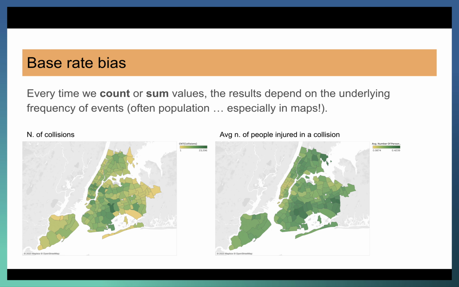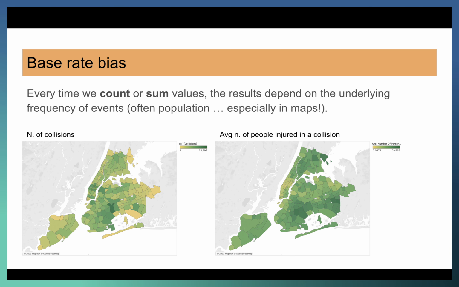As you can see, the geographical patterns that exist in these two maps are completely different, and you can come up with different conclusions, right? But in a way, the one on the right is a better answer to the question which area is more dangerous, because the one on the left is highly influenced by the number of cars or people that live or pass by a given region.